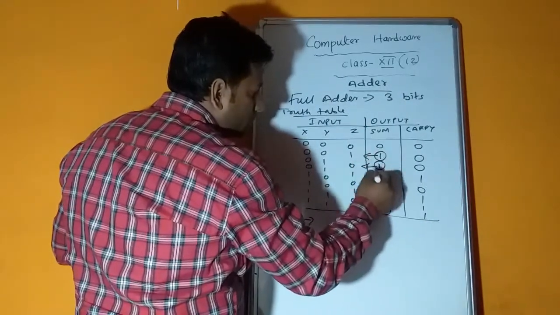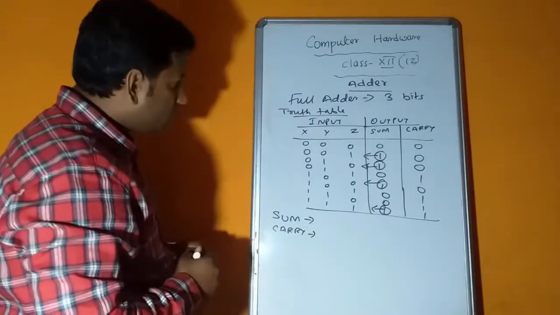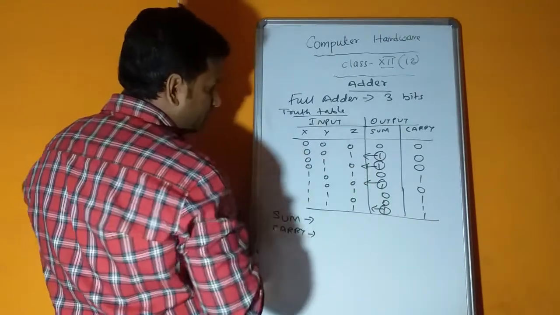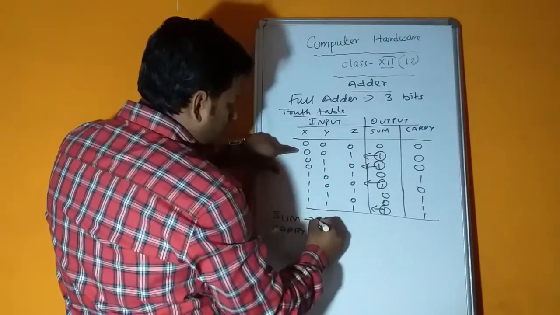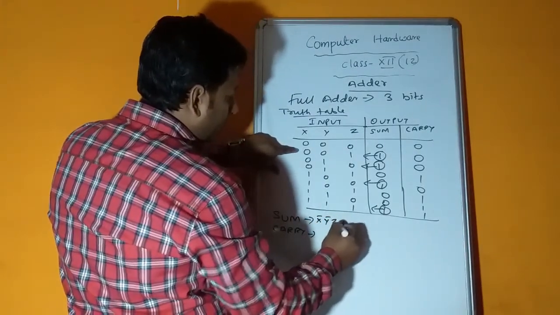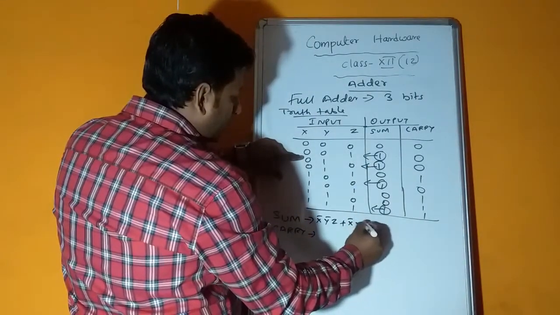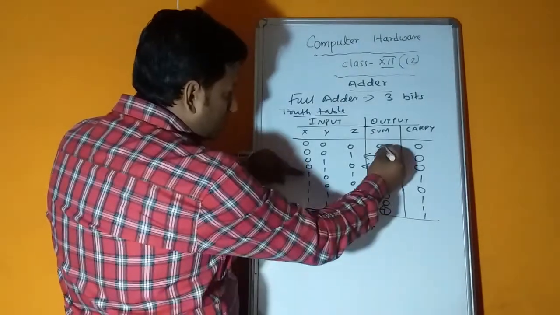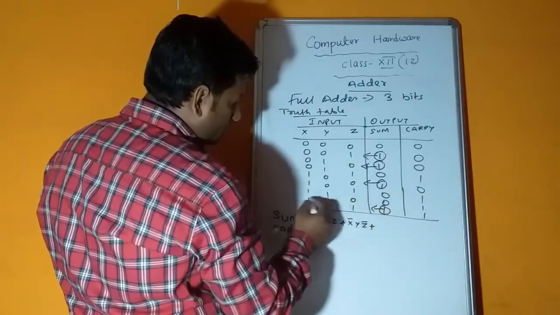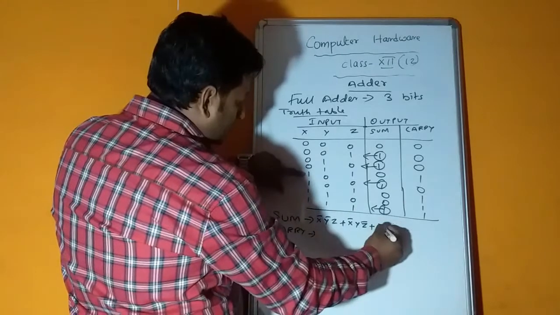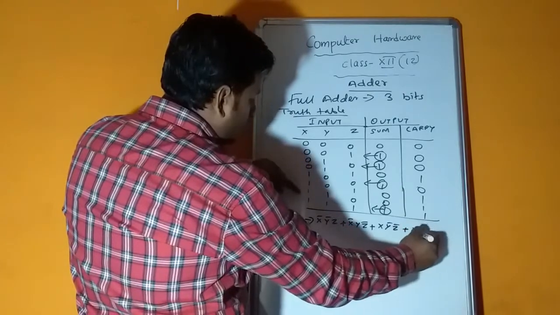Okay, so when we go for the sum part, we'll be having first case, that is x complement y complement z plus, second part, x complement y z complement, third part, x y complement z complement, and fourth part is x y z.